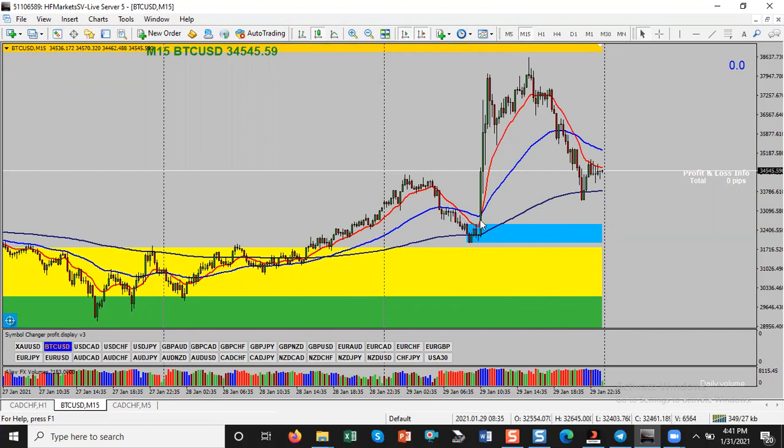As soon as the 1-hour demand zone comes up, what you will ensure is that price is above the 200 exponential moving average. At the same time, the 13 and the 50 exponential moving averages are above the 200.